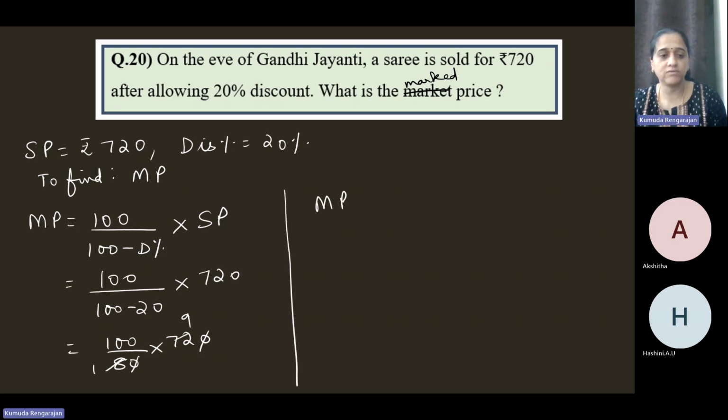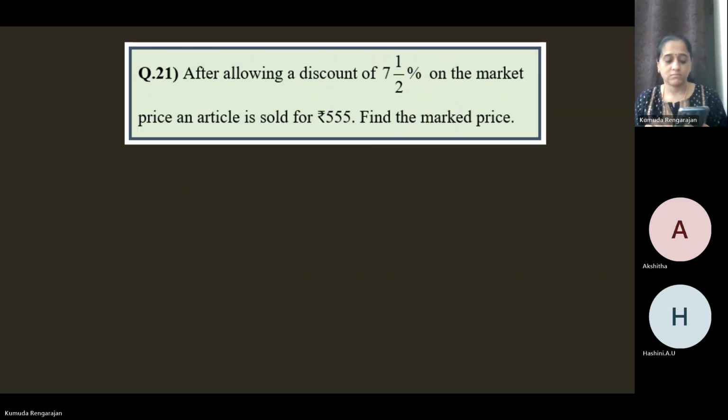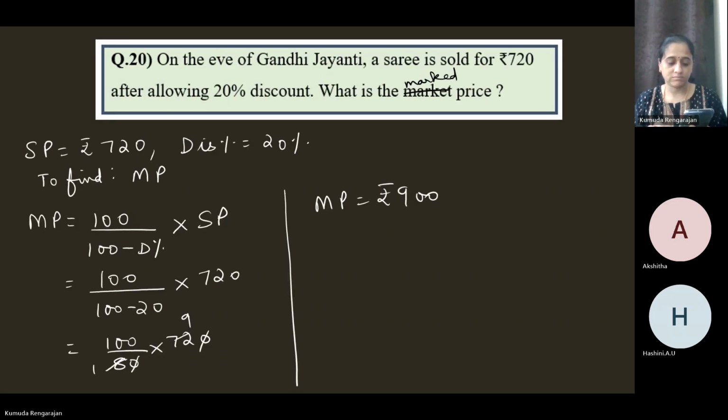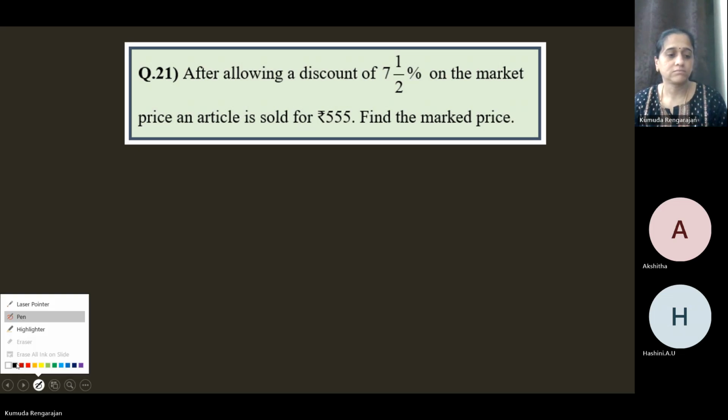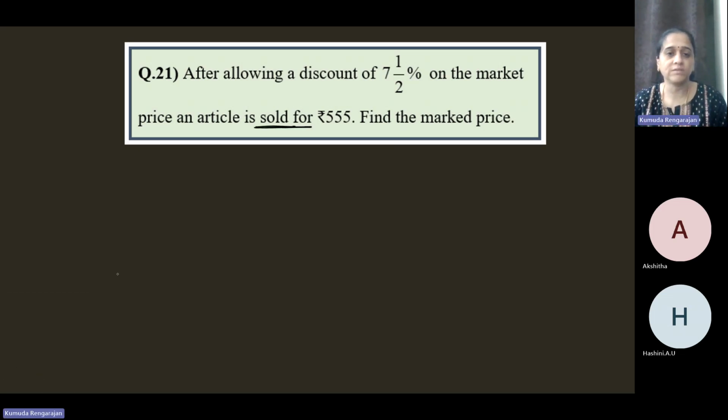So MP is equal to rupees 900. It's sold for, so it's a selling price.